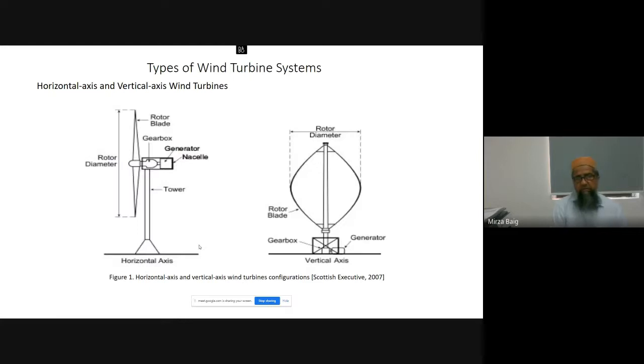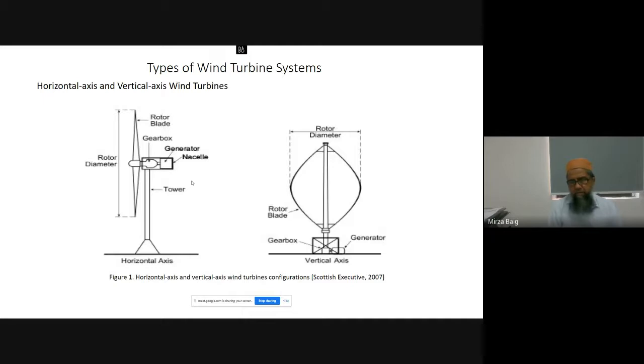We have two types of wind turbines, horizontal axis and vertical axis. Different parts of the wind turbine: we have a rotor, whose full diameter is called the swept area. We have rotor blades. Normally, we'll discuss the horizontal axis wind turbine.